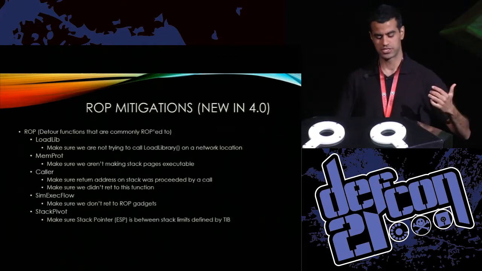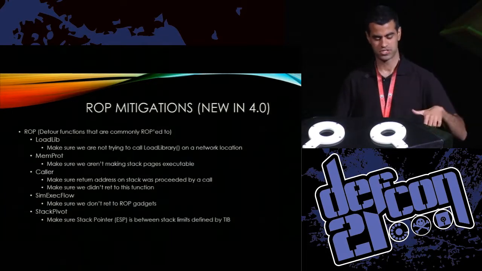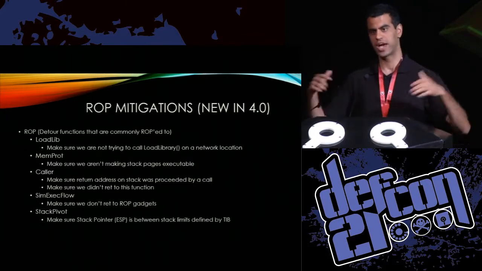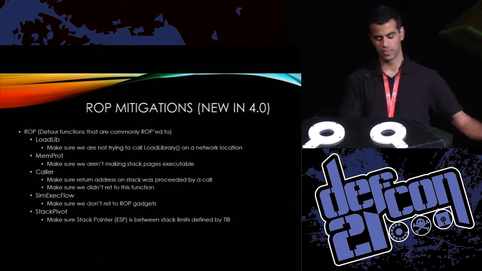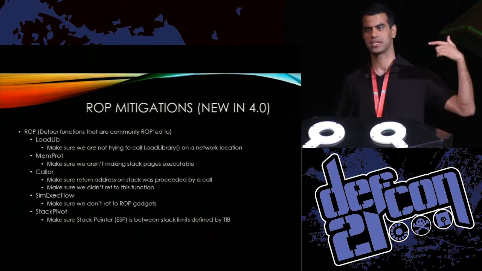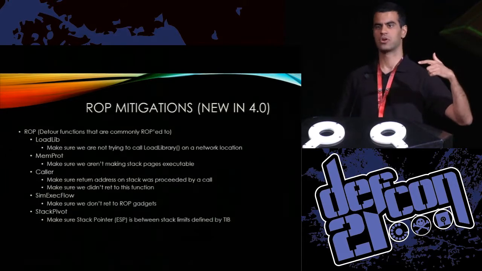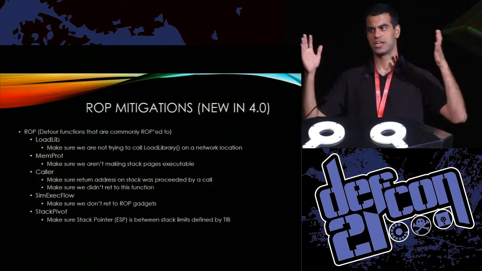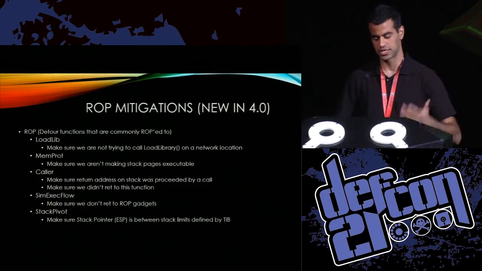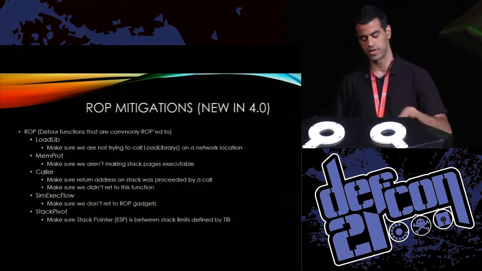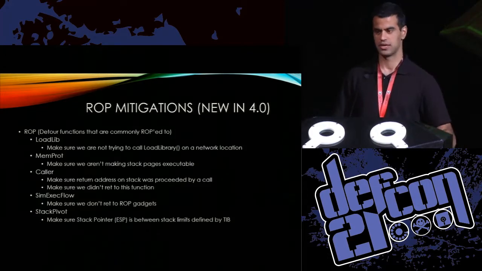The SimExecFlow, where we make sure we don't ret to ROP gadgets after this function returns. And the stack pivot, which is basically where we check the ESP x86 register to make sure that it's between the stack limit and the stack base that's identified by the TEB for our process. And my coworker Ilias did a deep presentation about the ROP mitigation in his Recon presentation from this year.